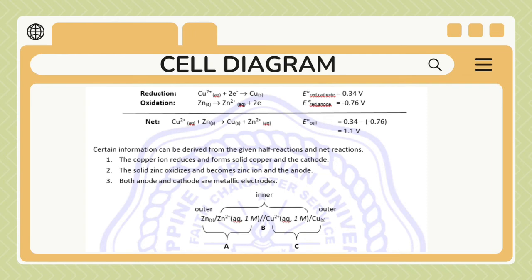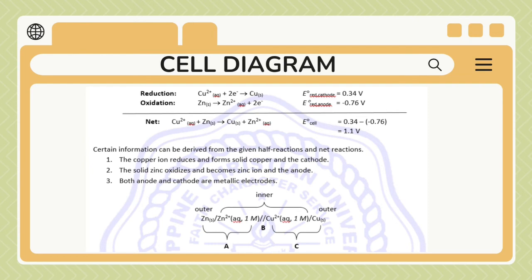To express the cathode and the anode reactions, the solid component is placed on the outermost side and the aqueous and gas components are placed on the inner side adjacent to the bridge. The solid and the aqueous or gas components are then separated by a phase bar, or a single bar. Note that there is a change in phase as both reactions proceed.